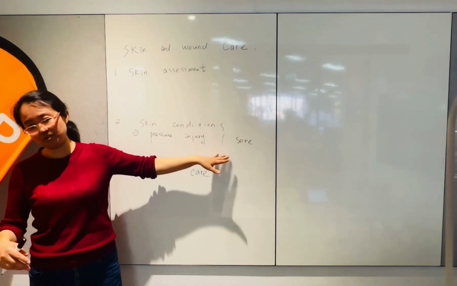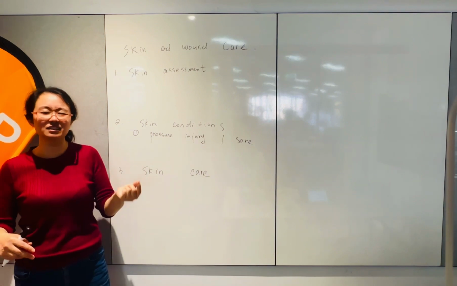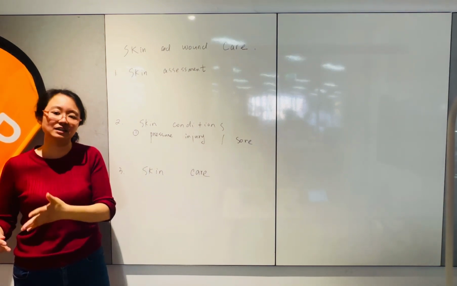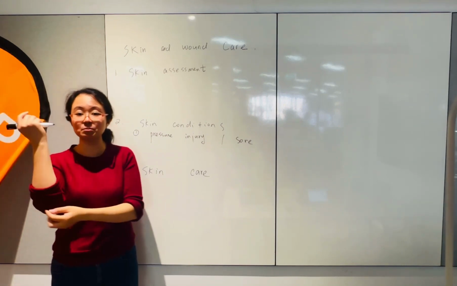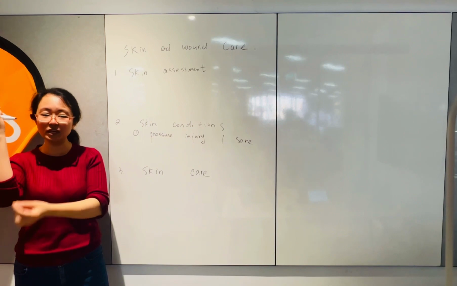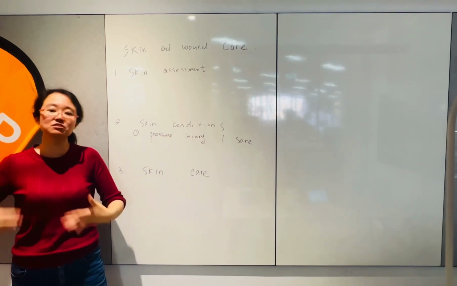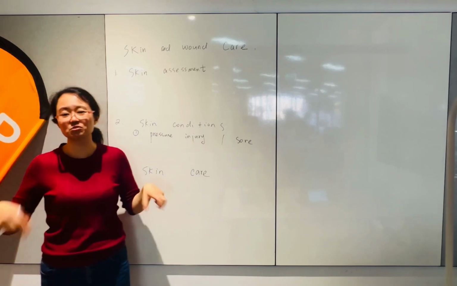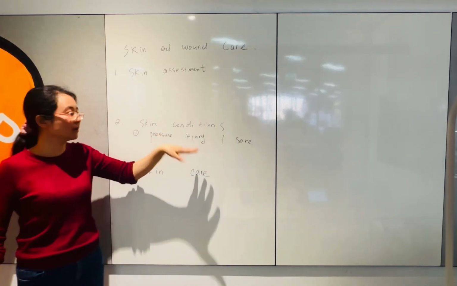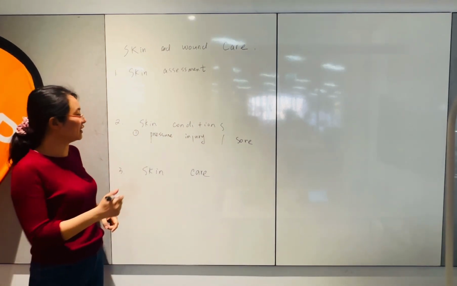Stage 1 is the skin still intact but red. Stage 2 is that the skin starts to break down. Stage 3 goes deeper and forms an ulcer. Stage 4 goes even deeper and becomes a large cavity, and the muscle and tendon will be exposed as well. It's quite deep. Later on, we're going to have a whole lecture about pressure injury in more detail.